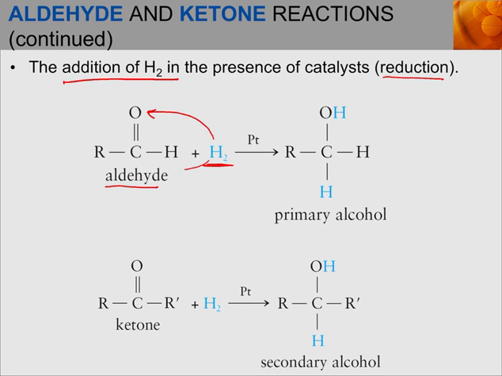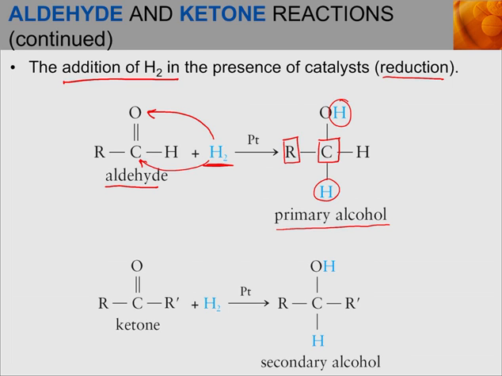The other hydrogen will bond to the carbon in the carbonyl group. So you can see that in our product, and this is going to produce a primary alcohol. And remember, primary alcohols are ones where the carbon bonded to the OH group is only bonded to one other carbon.